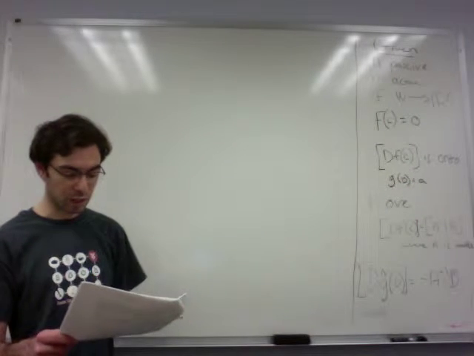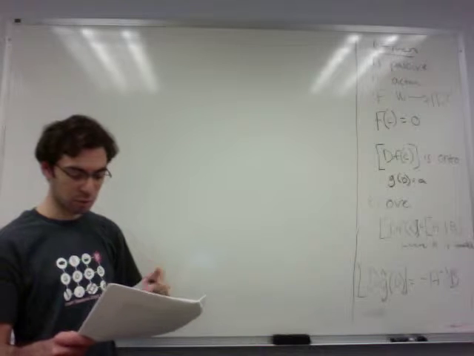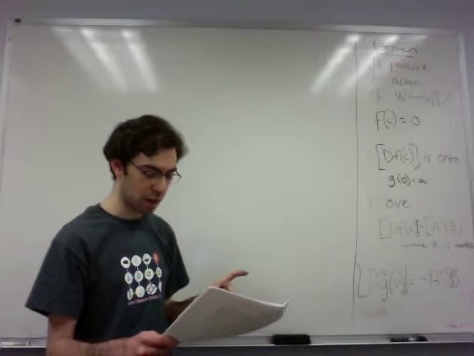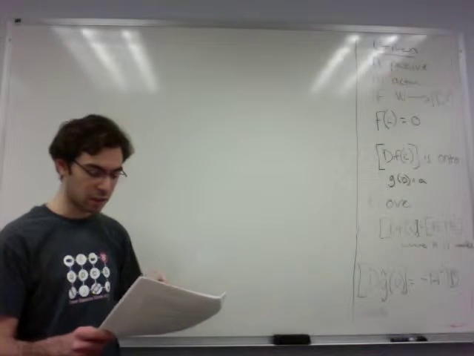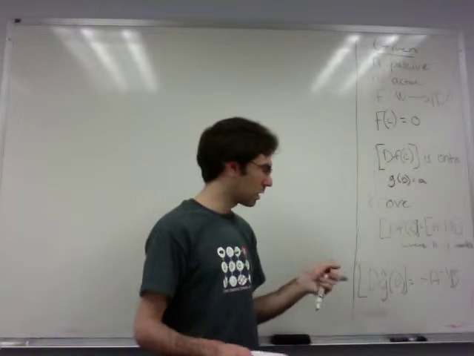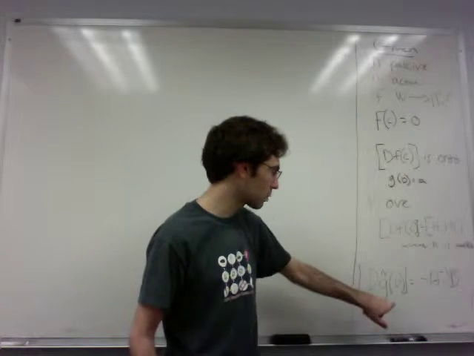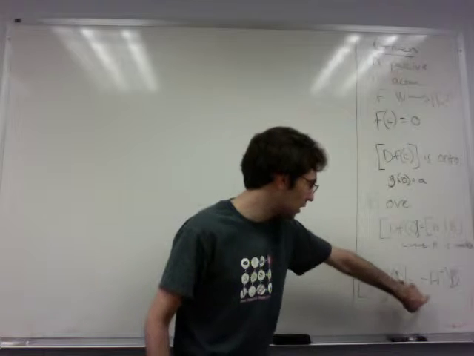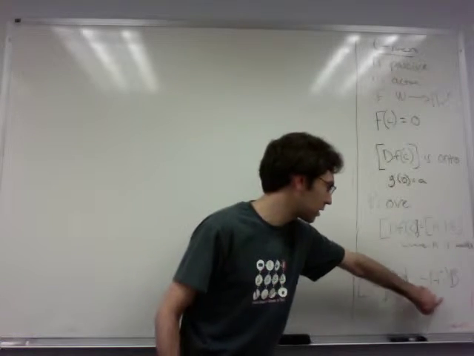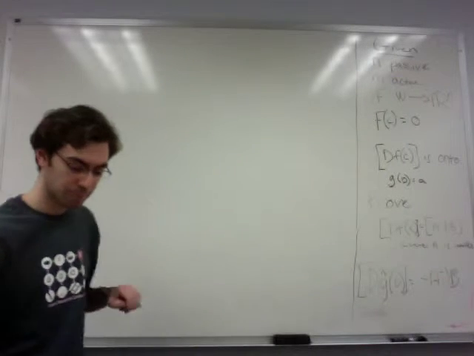With all that in mind, it wants us to prove that dG of B is equal to minus A inverse composed with B. So dG of B is equal to the negative inverse of A composed with B.